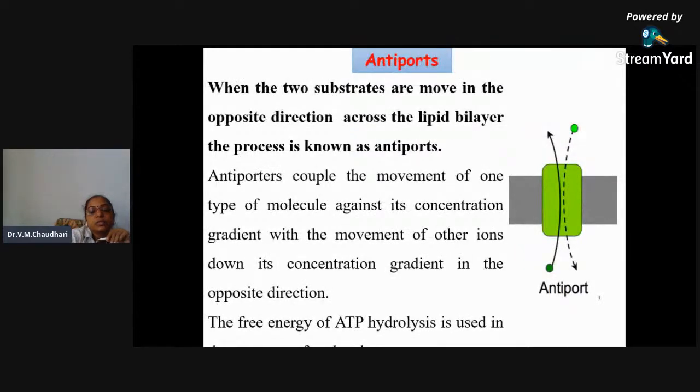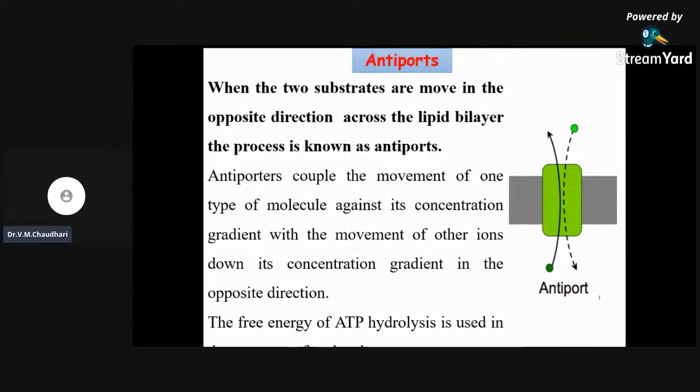And antiports use the ATP energy as the energy source, that is transport against the concentration gradient and in the opposite direction, that is one molecule moves inside and another molecule moves outside of the cell.